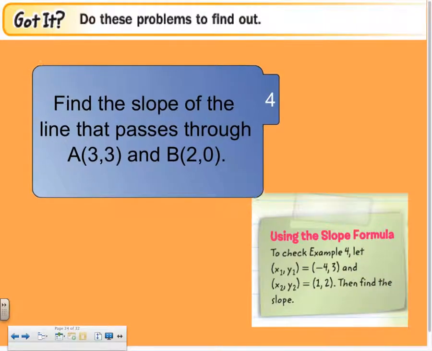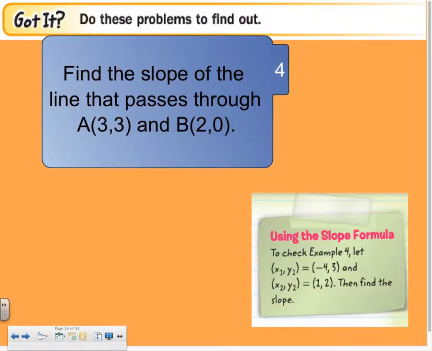Find the slope of the line that passes through 3, 3, and 2, 0. You can use the slope formula, or you can turn them into a table. What would be in my table? 3, 3, and 2, 0. So this is x, this is y. I can draw the chart if it helps. What's the change in y?